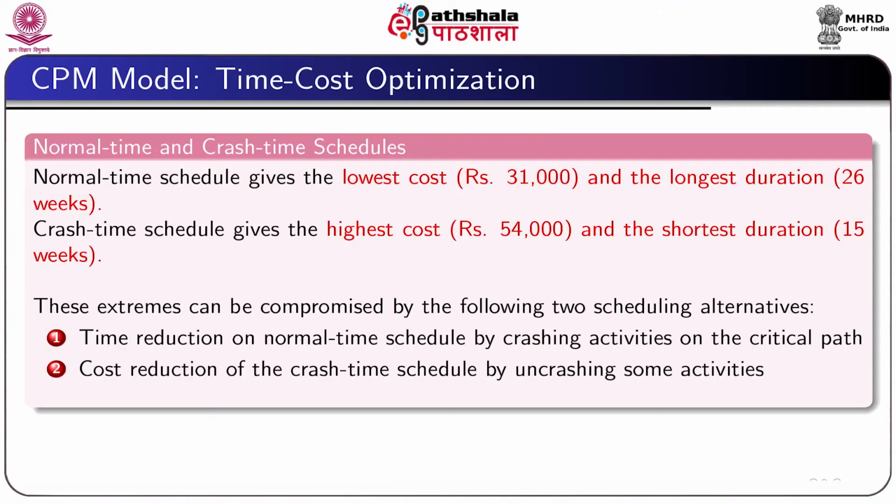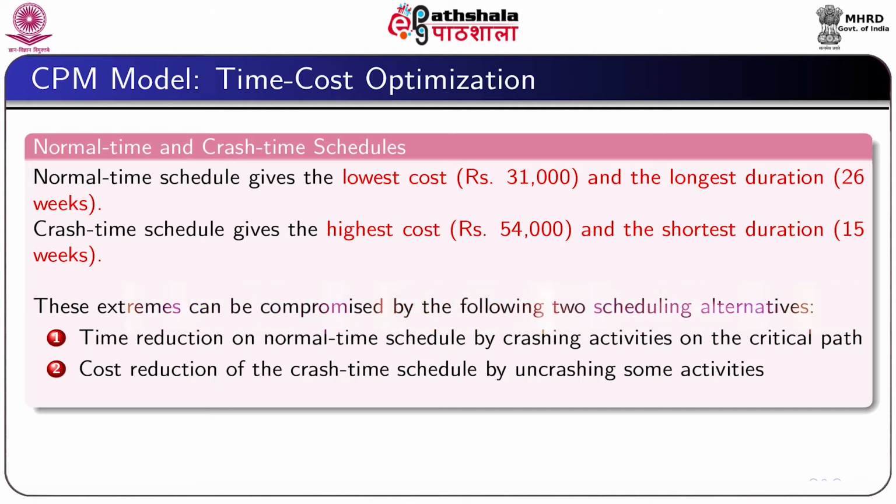We have seen that the normal time schedule gives the lowest cost, that is 31,000, and the longest duration, that is 26 weeks, whereas the crash time schedule gives highest cost, that is 54,000, and the shortest duration, that is 15 weeks.